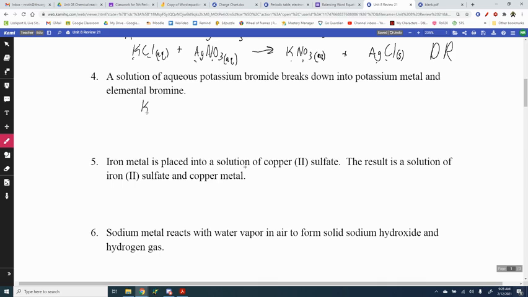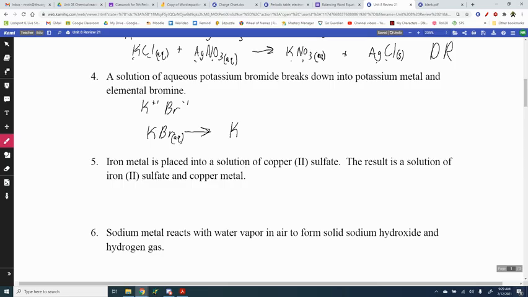Potassium is K +1, bromide is Br -1, so put together, KBr. That breaks down, so that's an arrow, into potassium metal. Potassium is just K. Oh, and I forgot to do states of matter. This is aqueous because it says aqueous there.